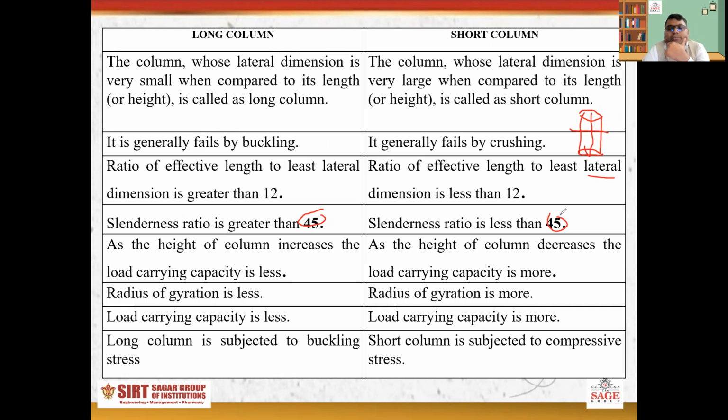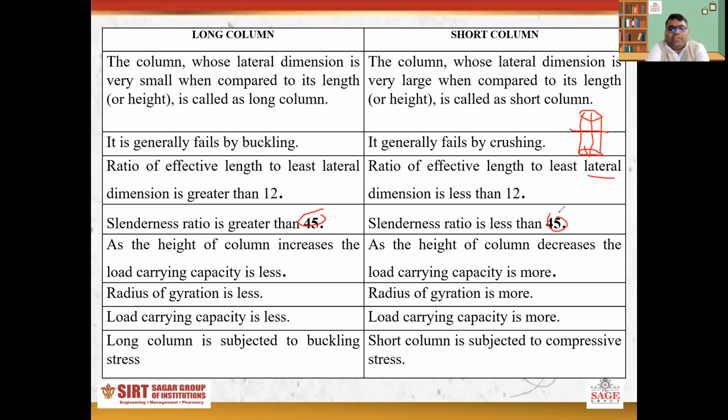So what is the slenderness ratio? The slenderness ratio is the ratio of effective length to the radius of gyration. As the height of the column increases, the load carrying capacity is less. As the height of the column decreases, the load carrying capacity is more. It's simple.